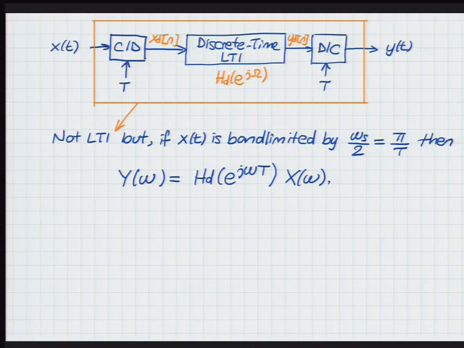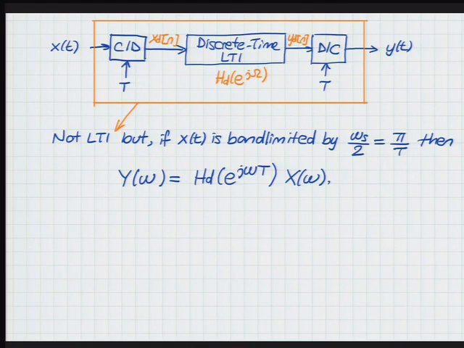This is a quick summary of where we left off last time. This is a standard way to process continuous time signals. You first convert them to discrete time signals, process them on your computer, and then go back to continuous time with an interpolation.